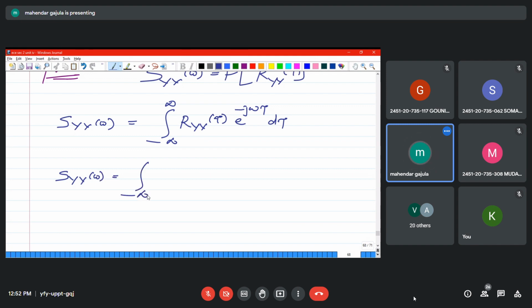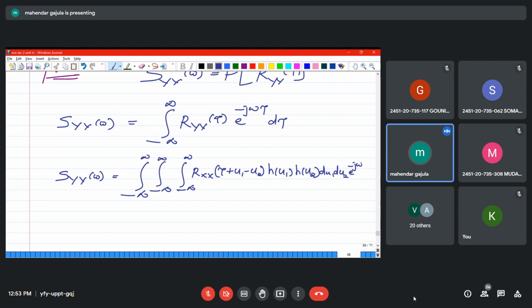R_yy tau already we have derived in the last classes, so I am writing directly. R_yy tau is integral from minus infinity to plus infinity, integral from minus infinity to plus infinity, R_xx of tau plus u1 minus u2, h(u1) h(u2) du1 du2.